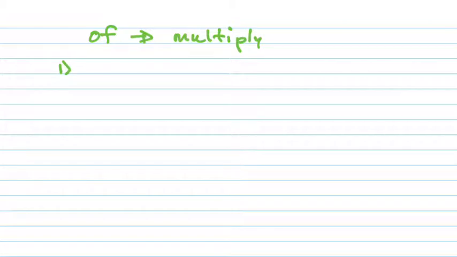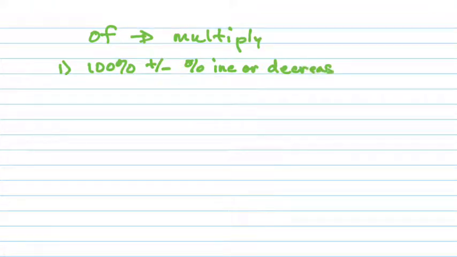First, do 100% plus or minus. Do you know that little symbol? You have plus and then a slash, then a minus. That means plus or minus. That little slash always means or. Plus or minus the percent of increase or decrease, depending on what you're doing. So all built into one.